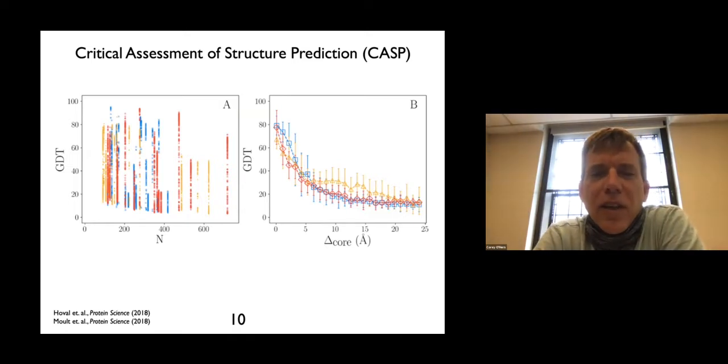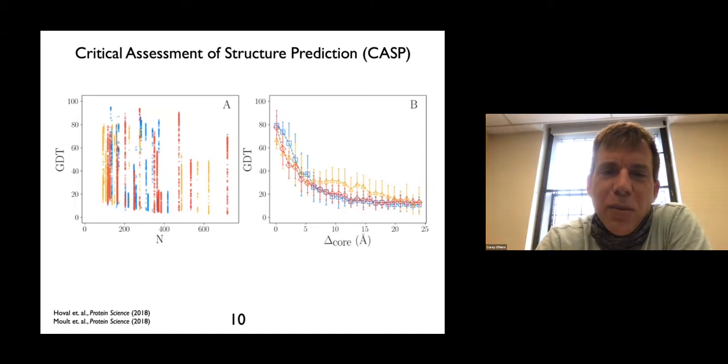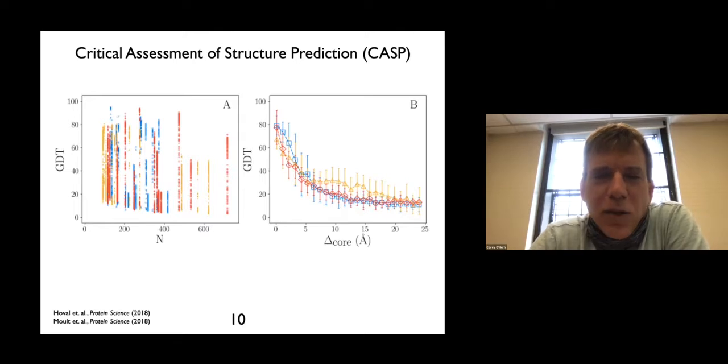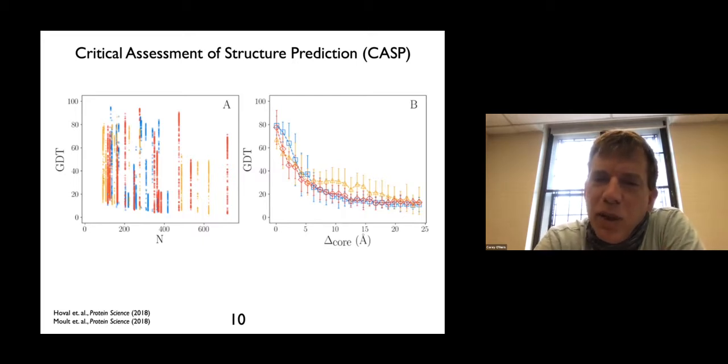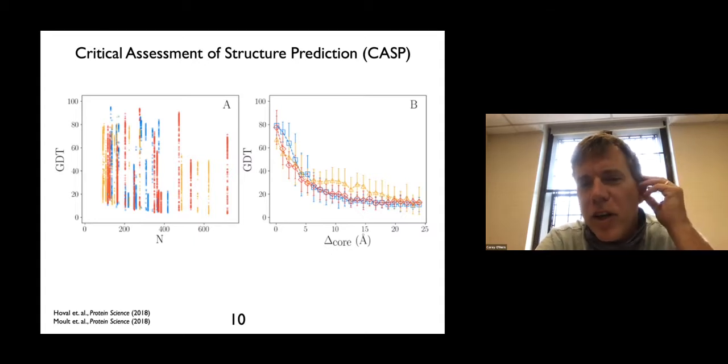You have the positions of all the atoms in the model and the positions of all the atoms in the real protein structure, and then you subtract them, take the square and sum over all the atoms, and you get a root mean square deviation. Then you can normalize that root mean square deviation into a score that goes between 0 and 100.